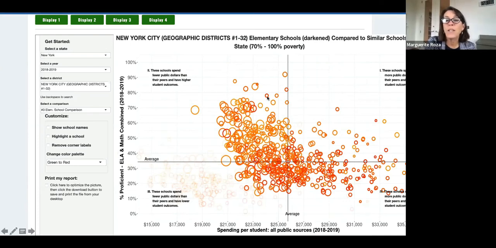Especially when you can see that we've got some small schools elsewhere in the district that might have higher outcomes without necessarily the same price point, or even at the same price point. Take a look at some of these, $33,000, $31,000, and they are delivering higher performance for their kids.